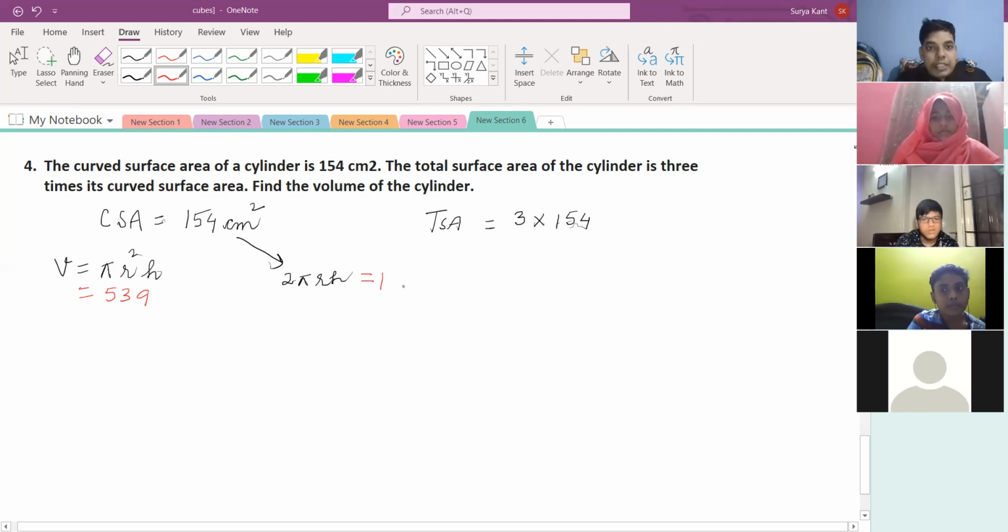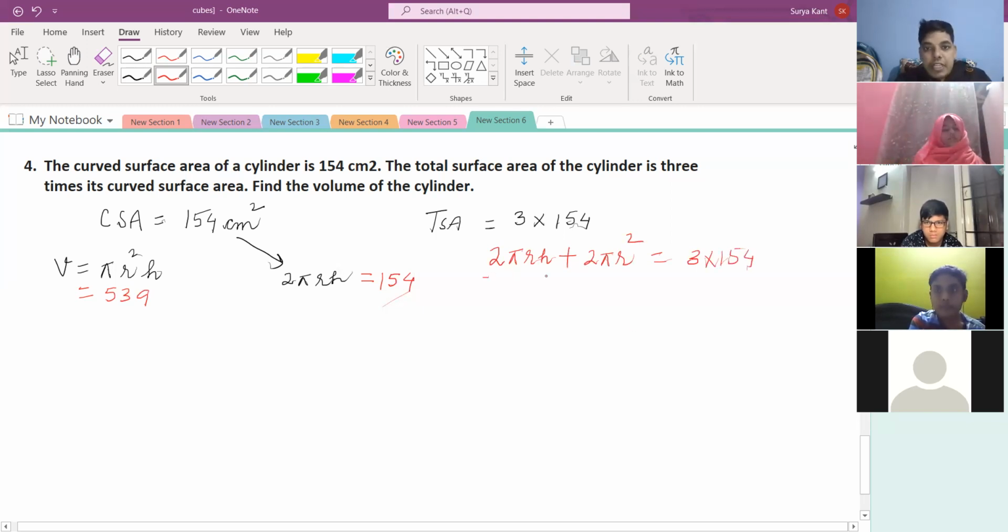So 2 pi rh is equal to what? 154. So 2 pi rh into 3 equals 2 pi r into r plus h, and both we can solve. 2 pi rh plus pi r square. Yes, sir, 2 pi r square, right? Is equal to 3 into 154, which is given.